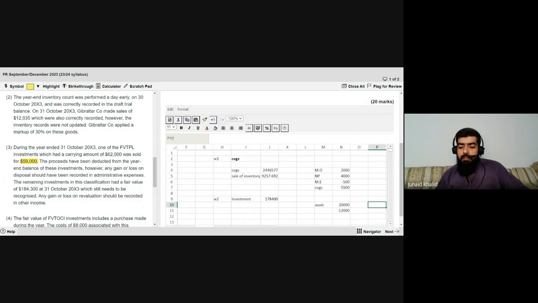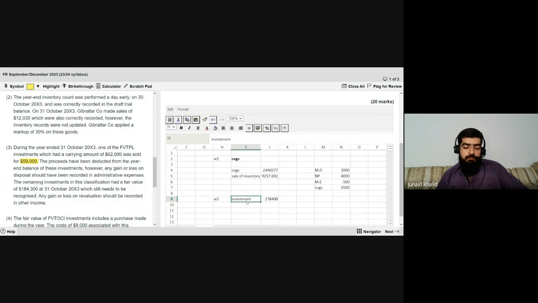For example, the asset had a value of 20,000 and one asset was disposed of, whose value was 12,000, but the company disposed of it for 10,000. So whether I'm going to deduct 10,000 or 12,000? 12,000. Yes, that is the same mistake the accountant made in that particular scenario.